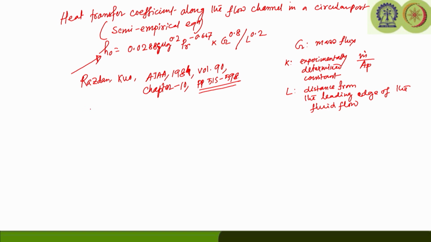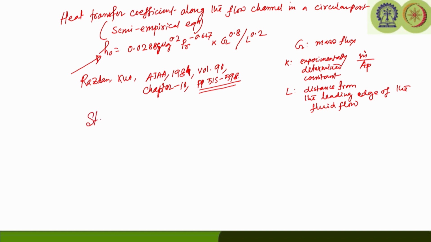Now, the heat transfer coefficient is also related with the physical properties and the flow properties of the fluid. So, we can bring the Stanton number here, because the Stanton number correlates the heat transfer to the fluid with the thermal capacity of the fluid.